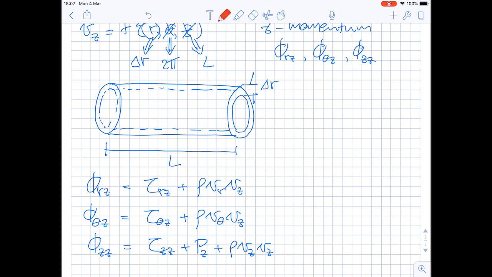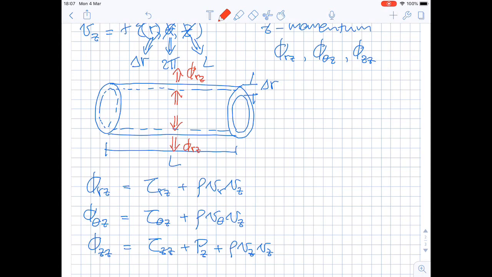So if we try to draw a picture of the flux, phi rz is supposed to be z momentum transferring in the r direction, so it's going in this direction. This should be phi rz going from the center outward in all angles.